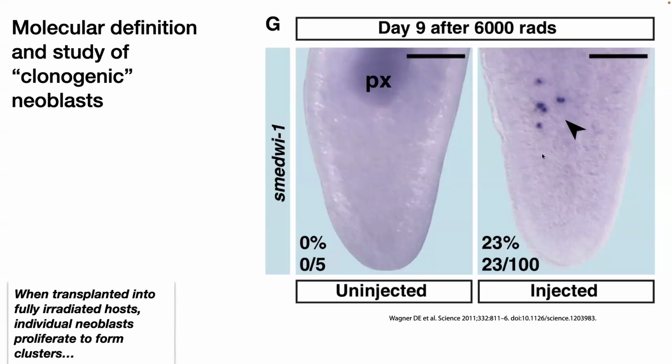Here you see them at an early stage, and you could imagine that these clusters will keep on dividing because they result from single cells transplanted from non-irradiated hosts. So indeed, there is a potential that by providing back these dividing stem cells, you might see recovery of some of the functions that normally would be lost upon radiation.